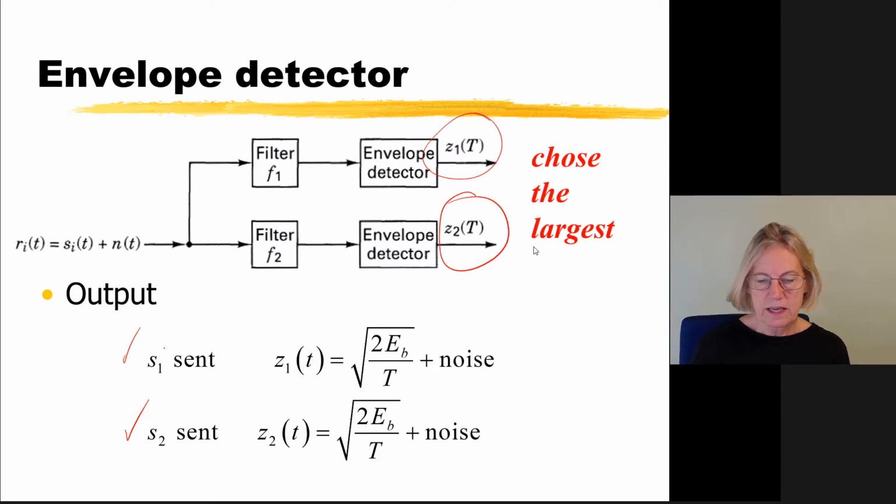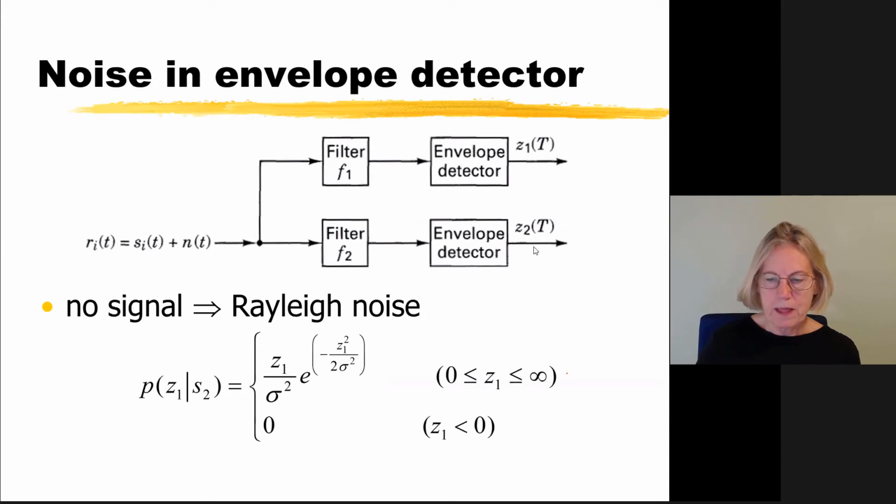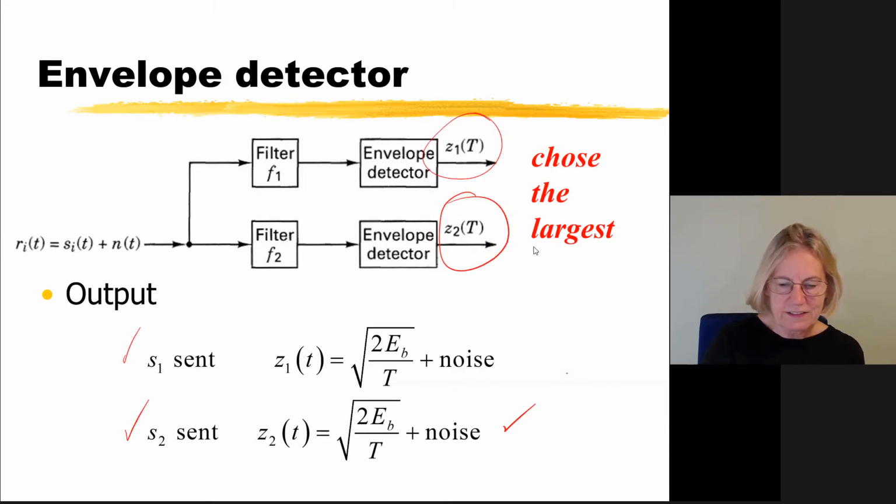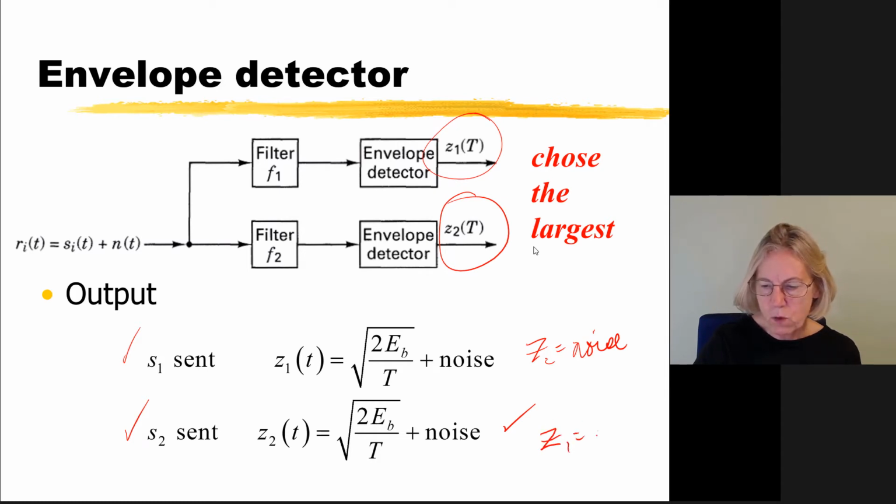And in the case when S2 is sent, then Z2 will be the expression that we see here. And of course, if S1 is sent, what would Z2 be? Well, I guess I could say Z2 here would just be noise. And in the case S2 is sent, Z2 would be noise plus some signal, but Z1 would just be noise.